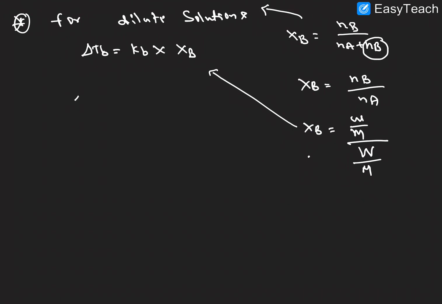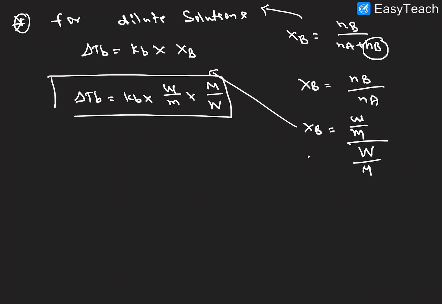We can write this expression in the place of XB. What is the formula here? Delta TB equals KB into small w by small m into capital M by capital W. So this is the formula for a very dilute solution.